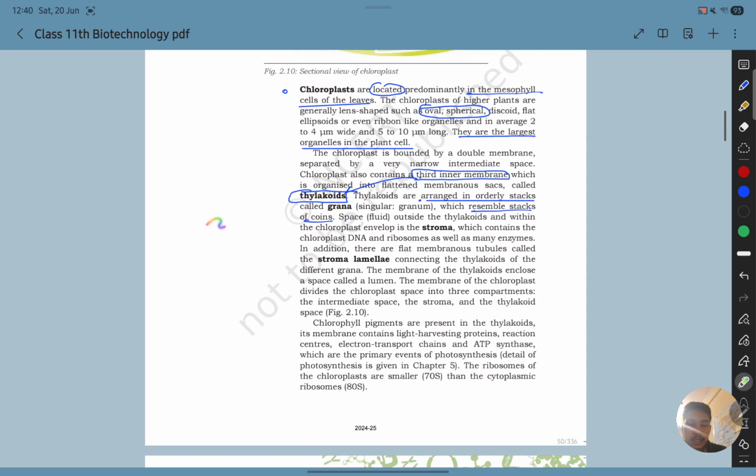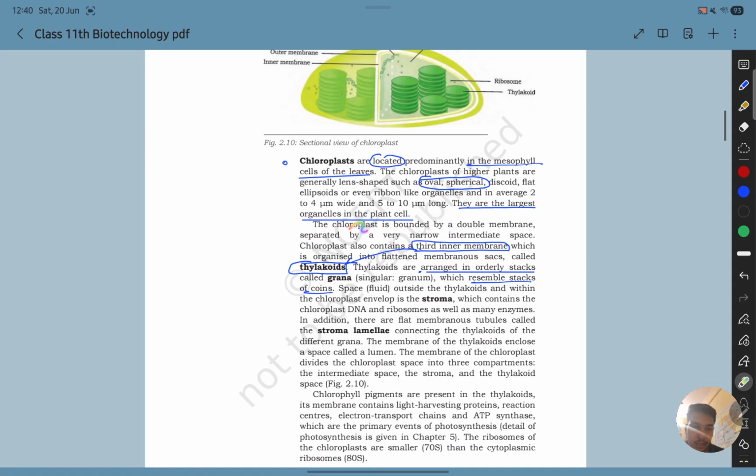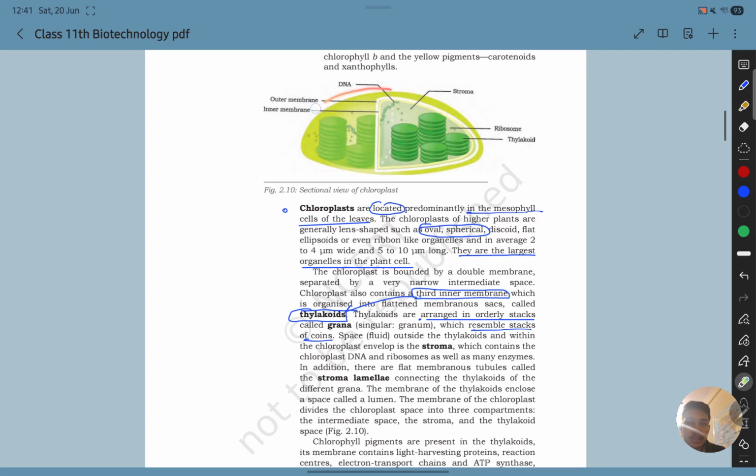A chloroplast is bounded by a double membrane, and has a third inner membrane system known as thylakoids. This is a chloroplast, and see, these are thylakoids.